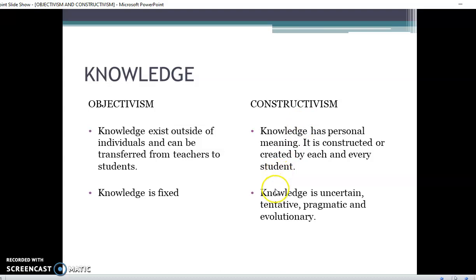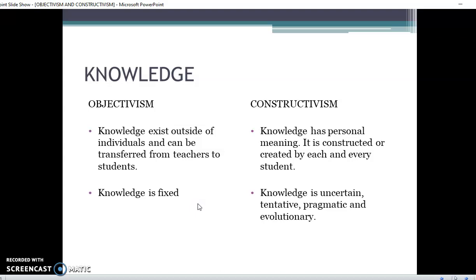According to constructivism, knowledge is uncertain, tentative, pragmatic, and evolutionary. Objectivism, as you can see, believes that knowledge is fixed. Suppose one person is saying that a particular object is square in shape. No matter what, even if someone comes with a new idea regarding that object, it won't change according to those who believe in objectivism.